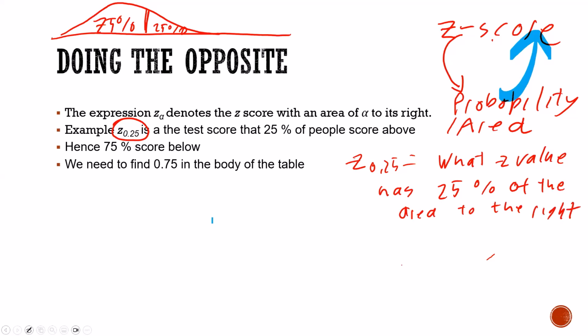Unfortunately, that kind of sucks because everything, technology, the table, is designed for finding area to the left. But you can fix that by just doing 1 minus, right?